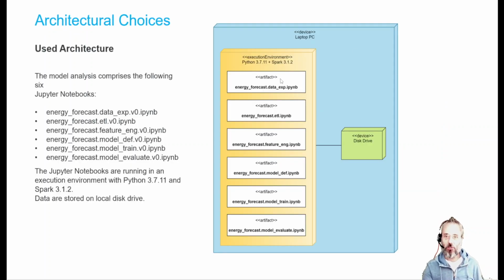For the architecture used in this project, we have an implementation on a local machine, in this case a laptop. The execution environment is a Conda environment with Python 3.7.11 plus Spark 3.1.2, and here we have 6 Jupyter notebooks for energy forecasts: data exploration, extraction, transforming and loading, feature engineering, model definition, training, and model evaluation.